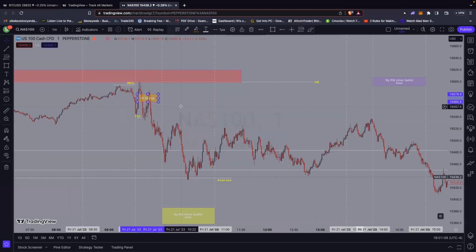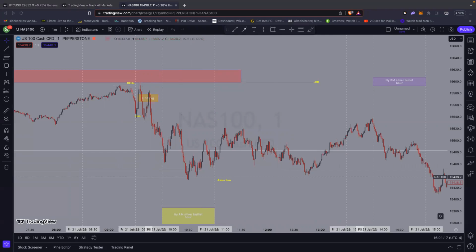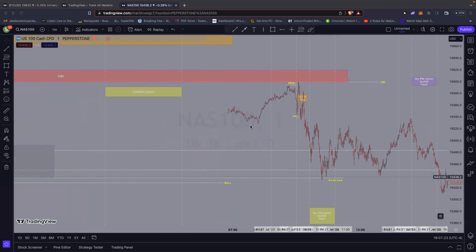This is a beautiful entry, because look at the stop. The stop was just going to be tight here, and you target the low-hanging fruit. You could either target this low, that low, or these relative equal lows here below midnight open.